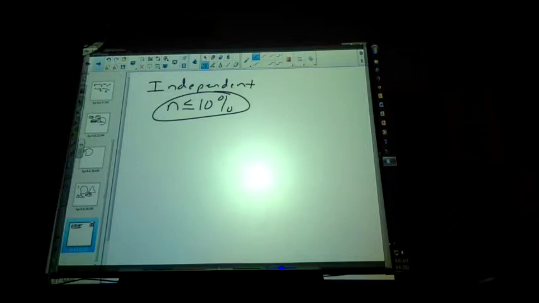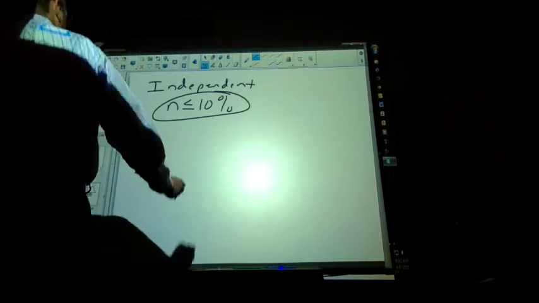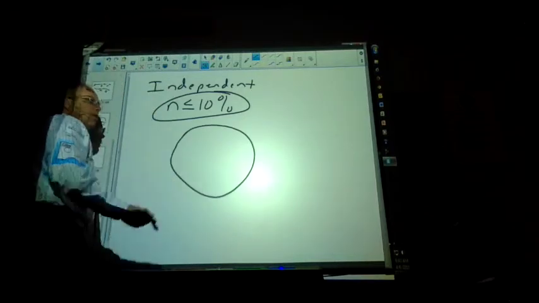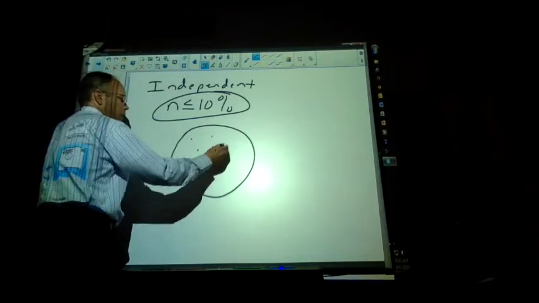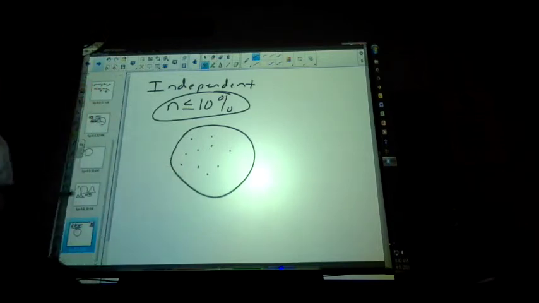If you have more than that, you're starting to approach the population itself. So again, you have your pool of people. If we pick less than 10% of the population, we have an independent test, meaning our next test that we do over again isn't going to be influenced much by this test.